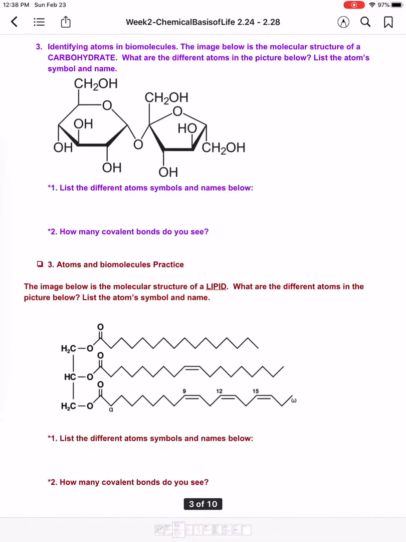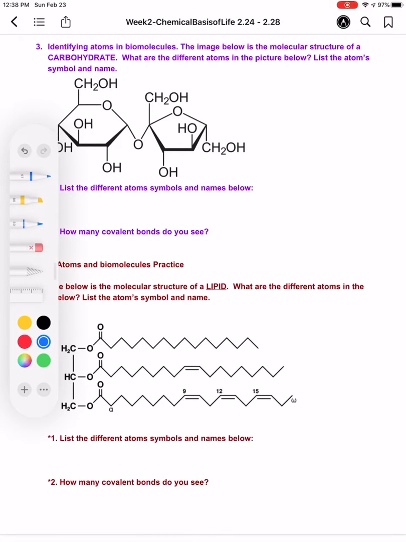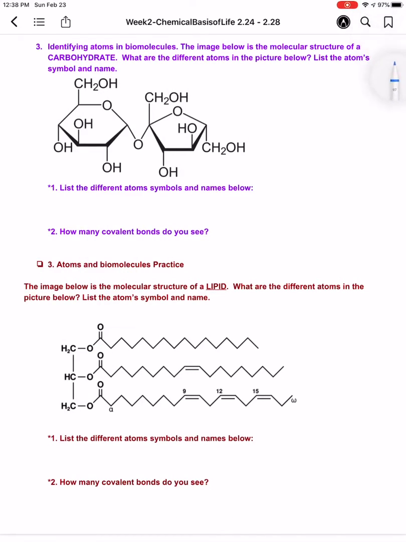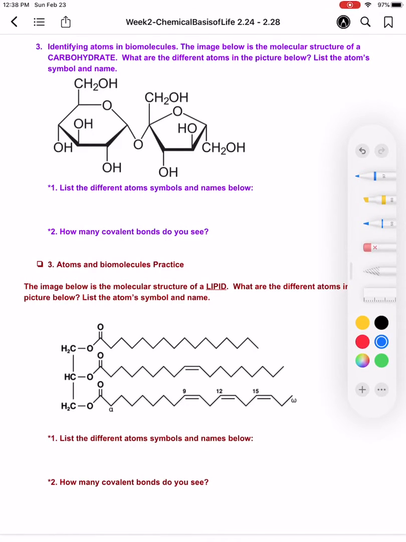Okay, so part of the reason that we're doing this is because we need to know the molecular structure of all 4 biomolecules. Okay, so we're going to do one of these examples together, and then you're going to be able to do it on your own. We are going to look specifically at a carbohydrate. So in each example, it's going to tell you what biomolecule you're looking at.